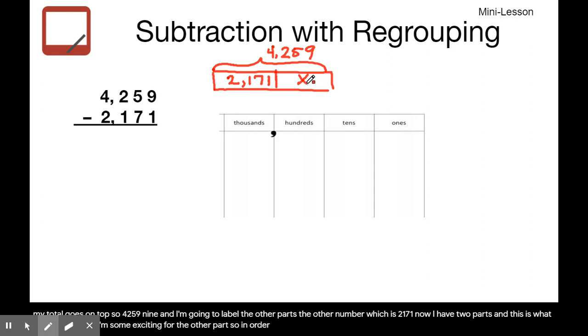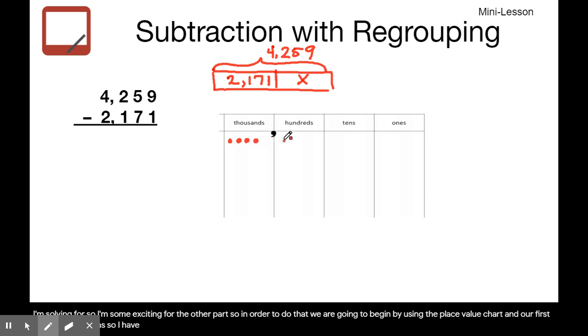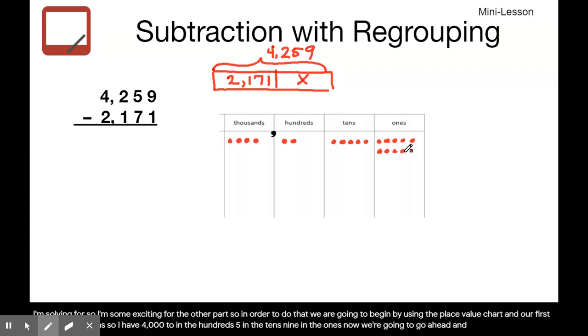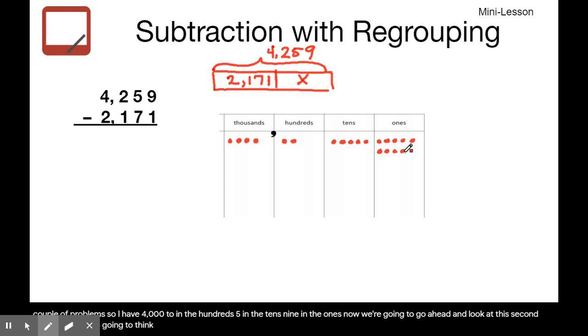In order to do that, we are going to begin by using the place value chart in our first couple of problems. So I have 4,000, 2 in the hundreds, 5 in the tens, and 9 in the ones. Now, we're going to look at this second number, and we're going to think about each place, and we're going to think about marking off the discs as I use them.